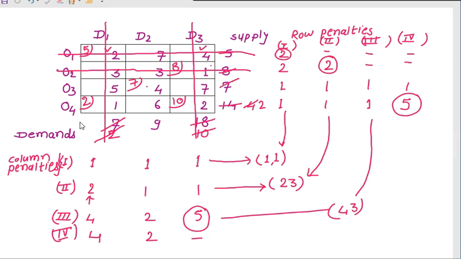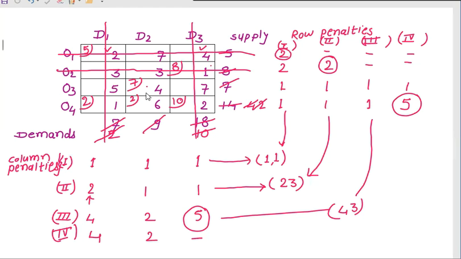So supply exhausted at the third factory, and the remaining 2 units are transported from the fourth factory to the second warehouse. So supply exhausted at the fourth factory, also requirement satisfied at the second warehouse. In this way, all the supply exhausted and all the requirement satisfied.